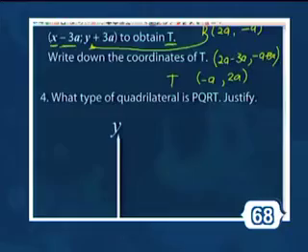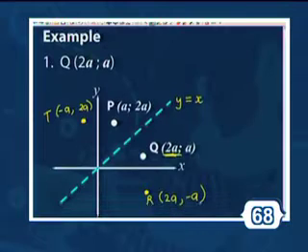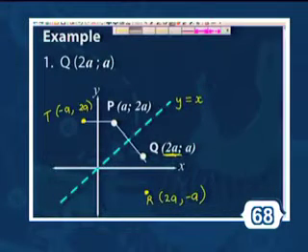The last part of the question would like to know what type of quadrilateral PQRT is, and they then ask you to justify. So let's join the dots on quadrilateral PQRT and see what type of quadrilateral this forms. Alright, so quadrilateral PQRT is going to have that as our basic shape.